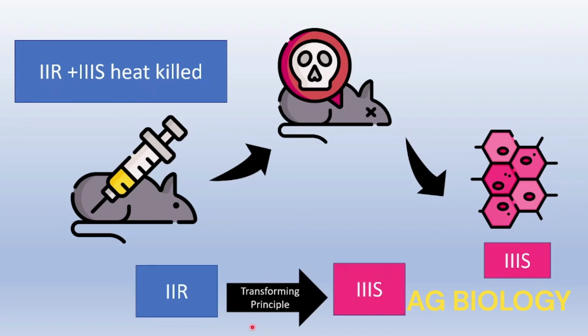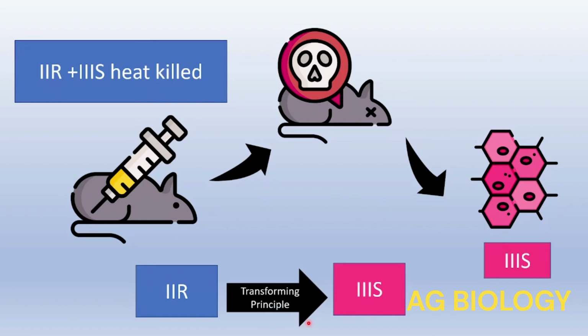He concluded that heat-killed type 3 S cells somehow converted type 2 R avirulent strains into virulent type 3 S cells. The factor for this transformation he named the transforming principle. It was hypothesized that it might be part of the capsule or a compound for its synthesis.